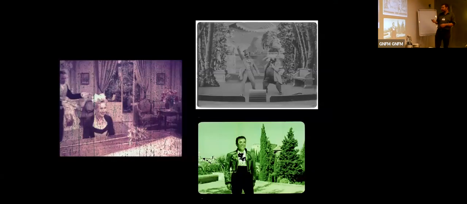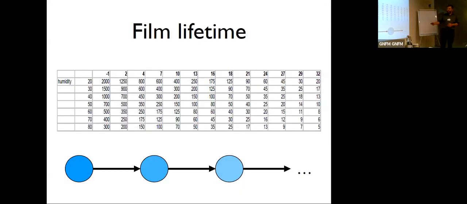The main idea is that movies fade, they melt, we are going to lose them over time. Slowly, just to give you an idea of how quick is the decay of a standard film, according to the humidity and the temperature in which it's stored.